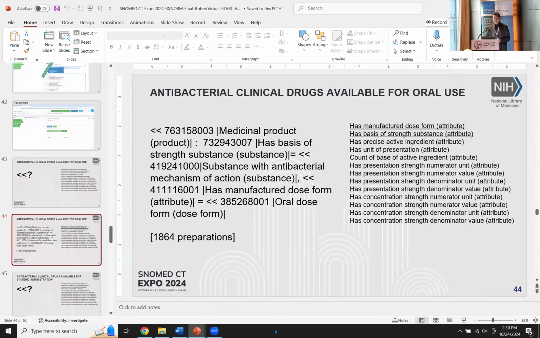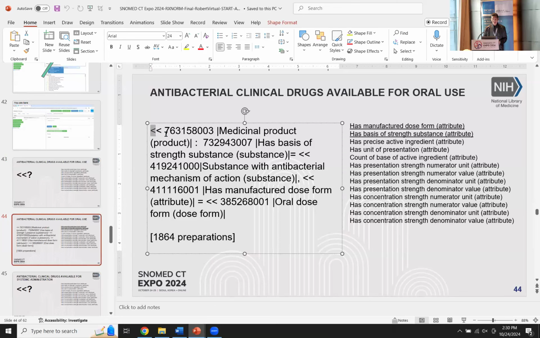Okay, so this is our answer. If you're familiar with ECL, you know that this top part means that we are looking for all the descendants, or including this concept itself, of medicinal products in SNOMED. Because we are looking for clinical drugs, this is the part that we should look at.